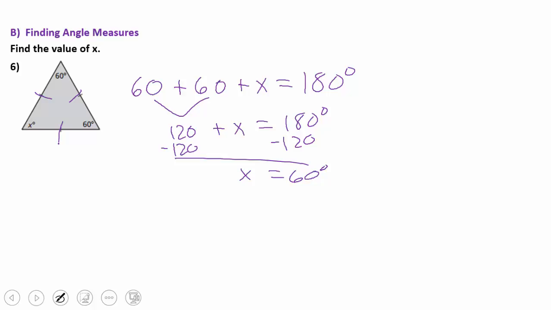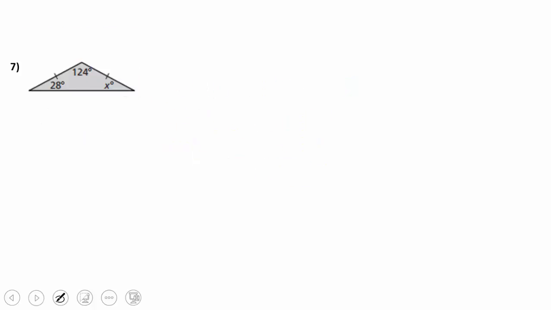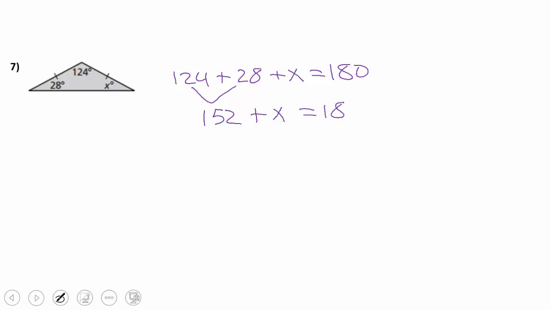Makes sense. Now we got another triangle. We have 124 degrees plus 28 degrees plus x equals, again, we know the sum of the angles of a triangle is 180 degrees. Again, we simplify by adding those two together, and that is 152 plus x is equal to 180.